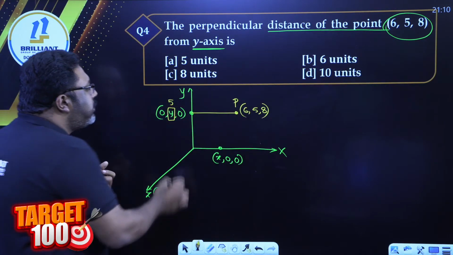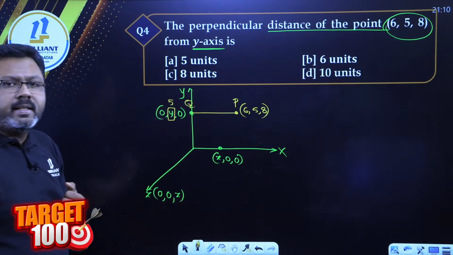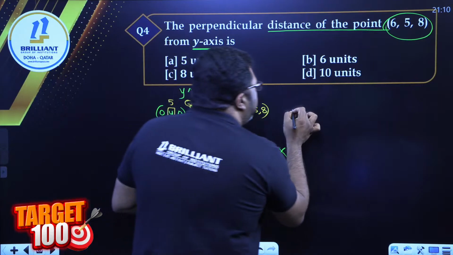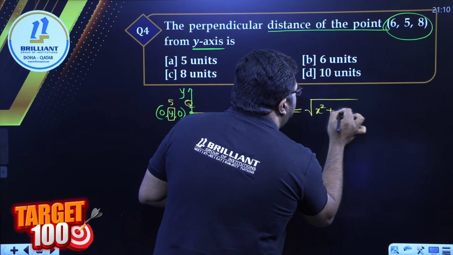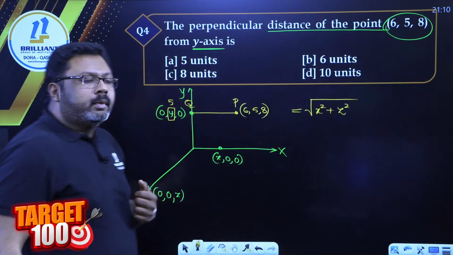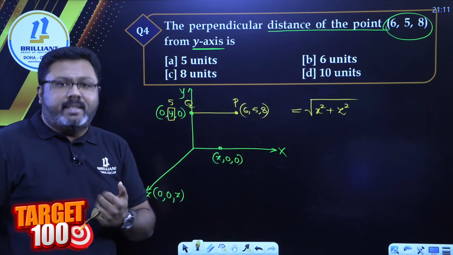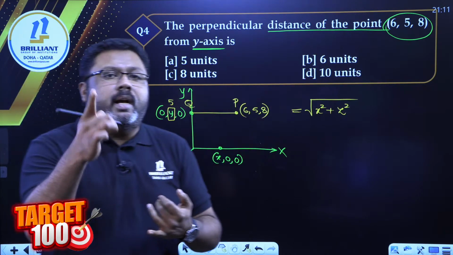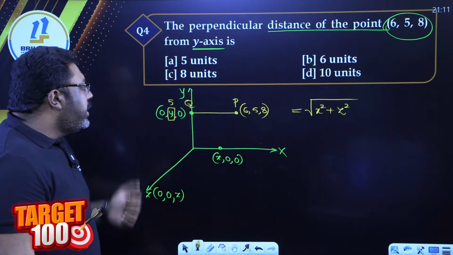So what is the distance between point P and my point Q on the y-axis? It's very simple. Remember, from the y-axis means it is root of x squared plus z squared. Because the y coordinates are the same, the difference between the y coordinates is going to be 0. The distance formula is x2 minus x1 squared, plus y2 minus y1 squared, plus z2 minus z1 squared.